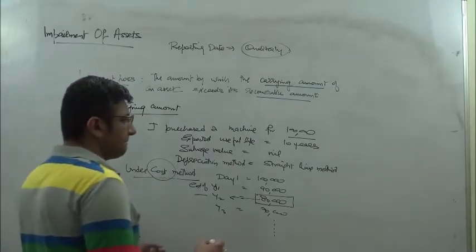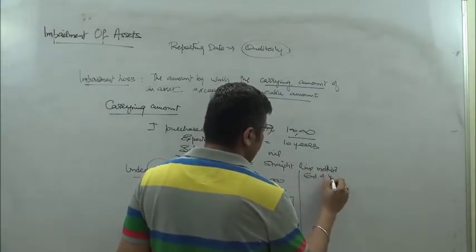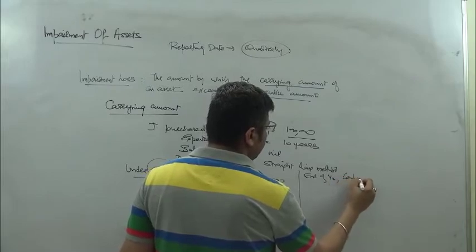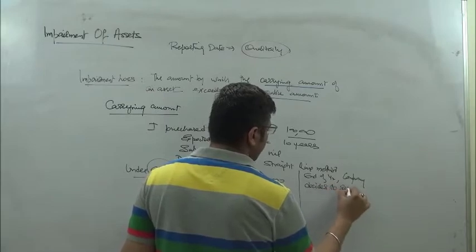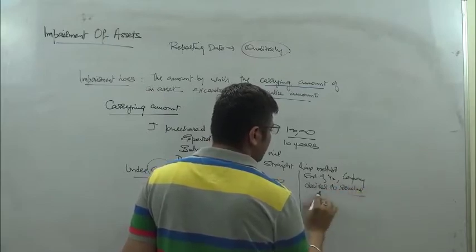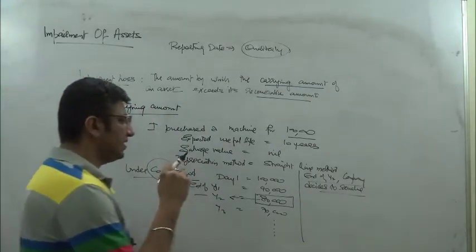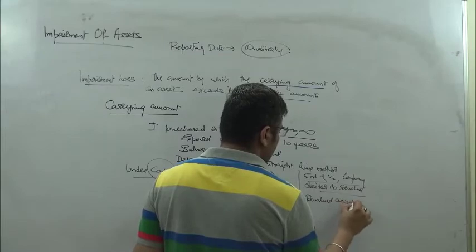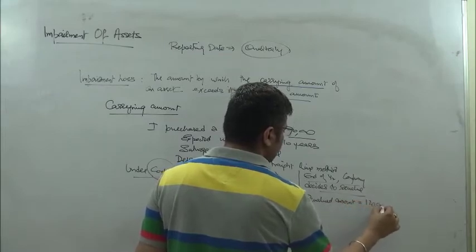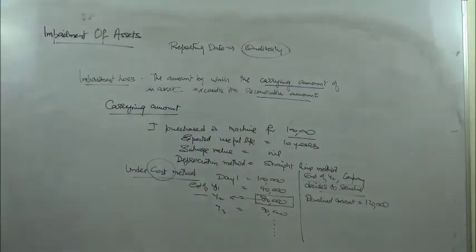But let us say at the end of year two, the company decides to revalue the machine. That option exists. The company takes that option and now says the revalued amount is, for the sake of argument, 120,000.